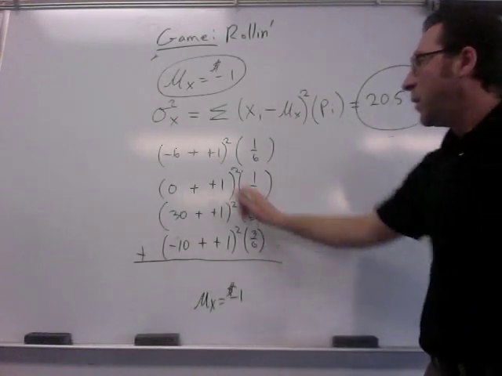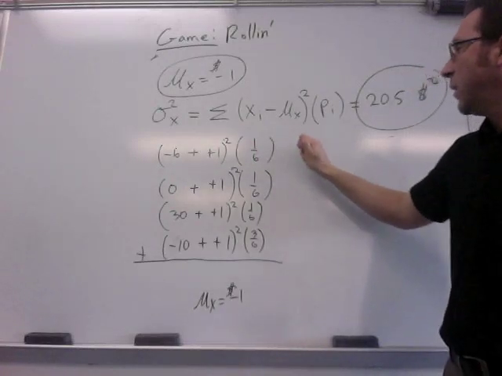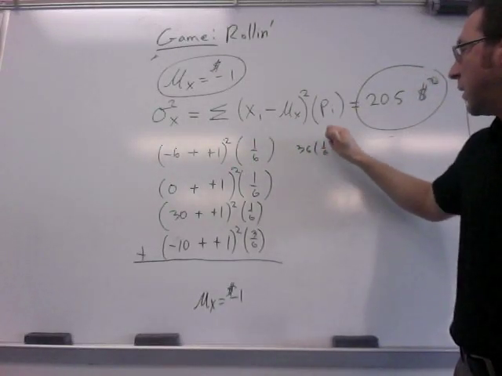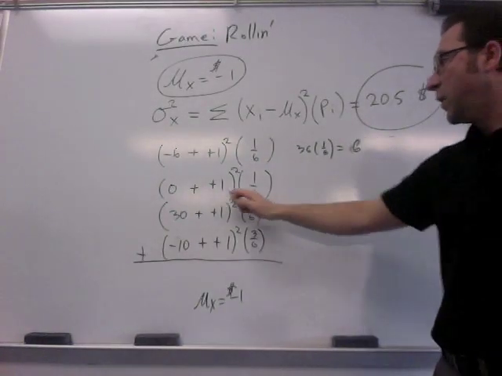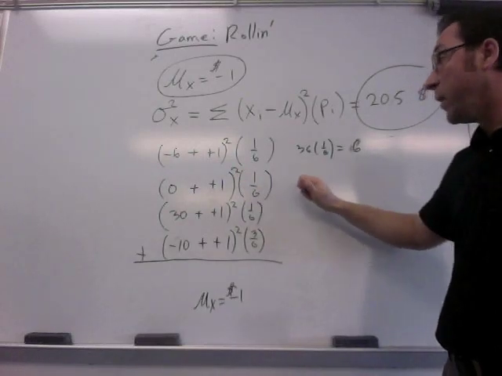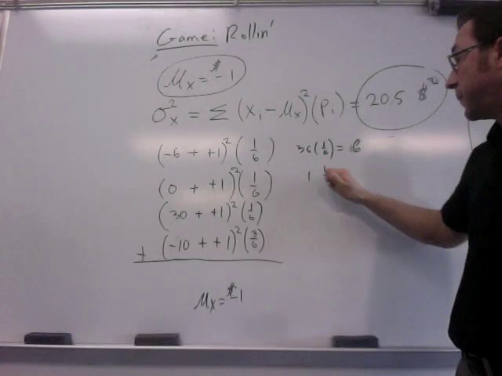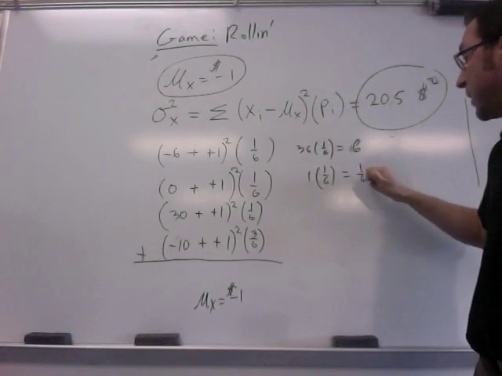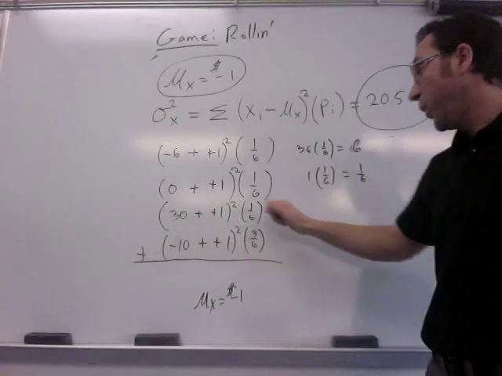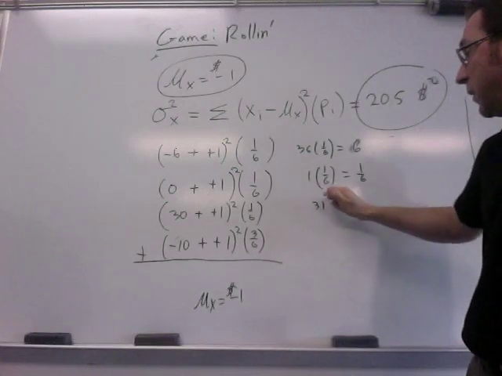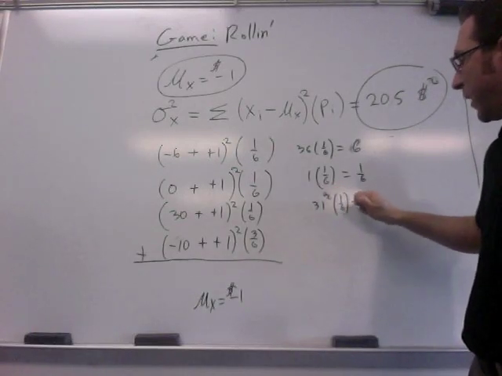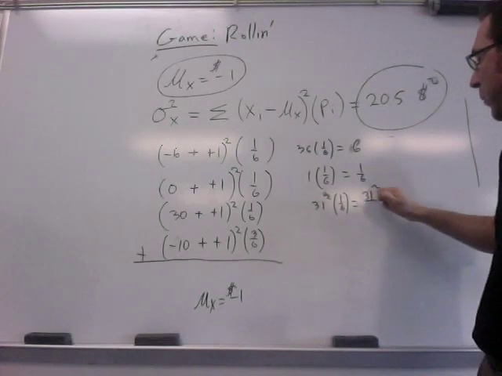I mean, you get 36 times 1/6. Some of this I can do in my head pretty quickly. It's a 6. This becomes 1 squared, which is 1 times a 6th, which is just a 6th. This is 31 squared times a 6th. That one I really can't do quickly in my head: 31 squared divided by 6.